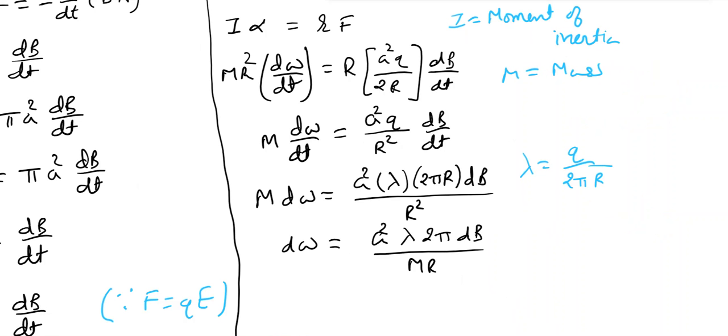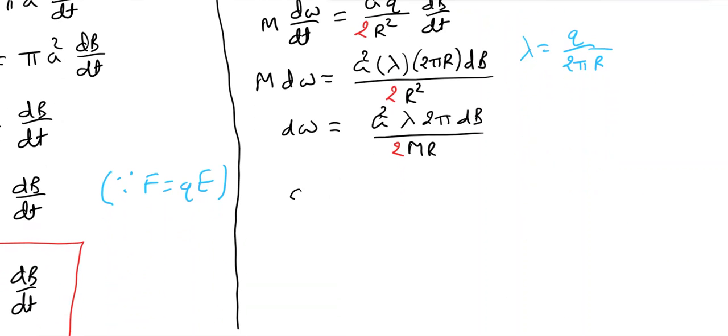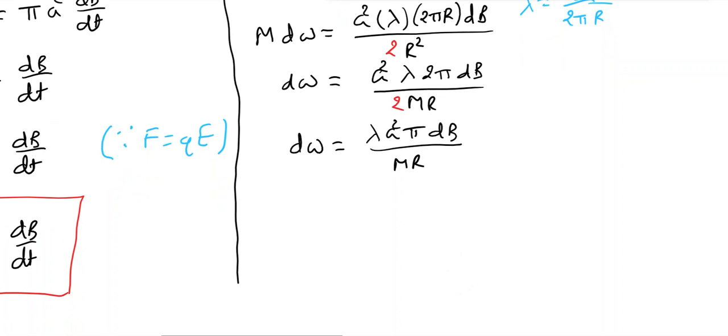I think I made one mistake. I forgot this 2 here, so we will have 2 and 2, and then the expression will be d omega equals lambda a square pi dB over m R. Now if you want omega, you should integrate both sides.